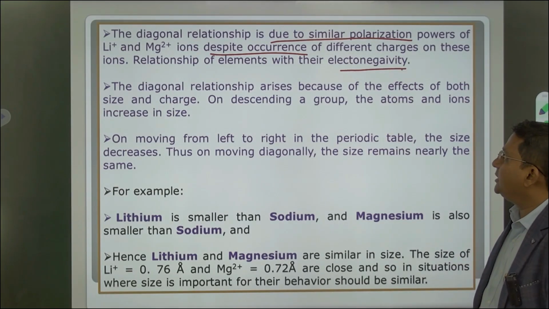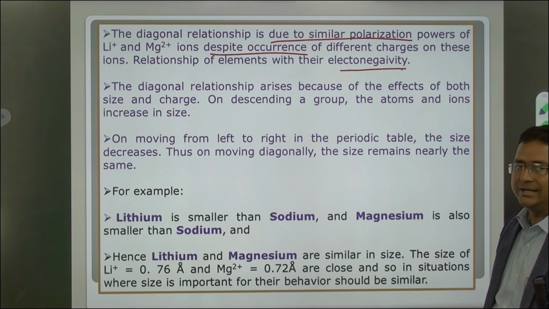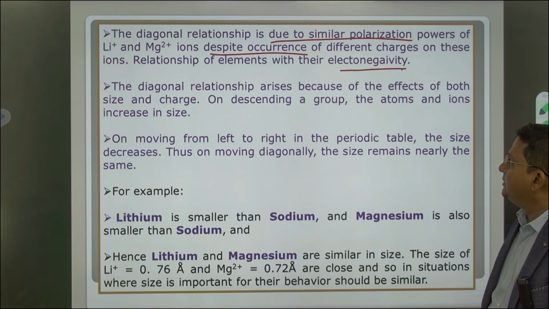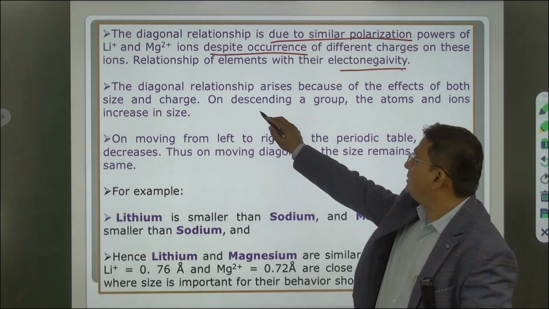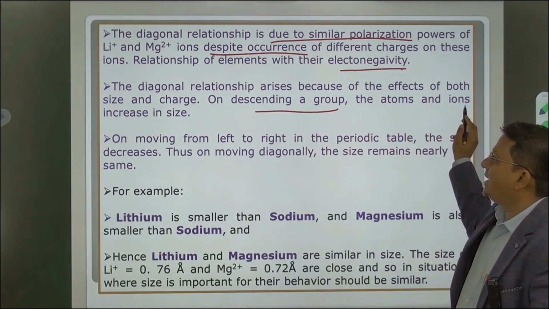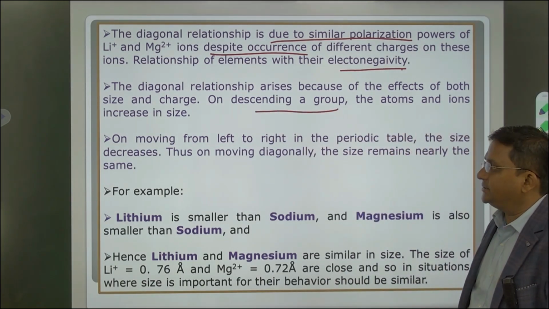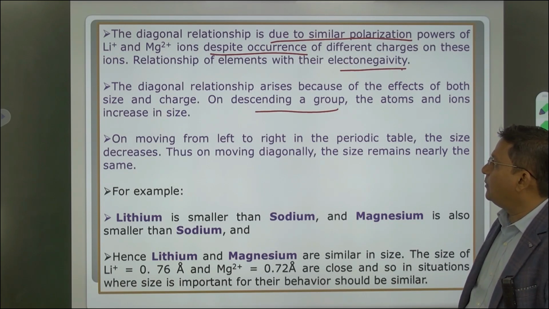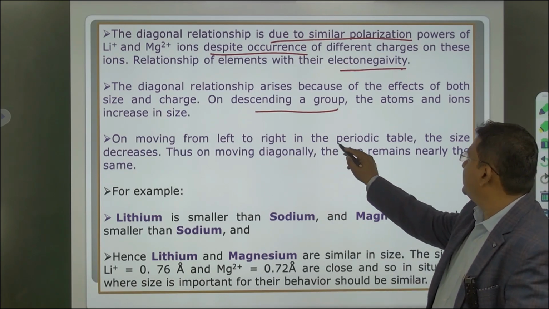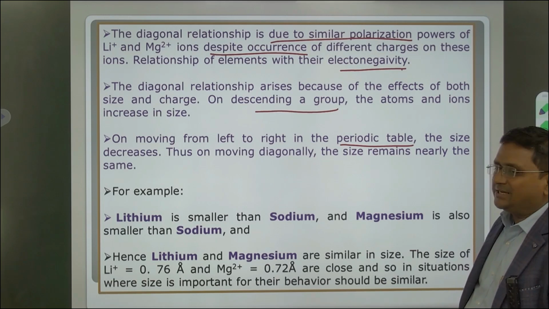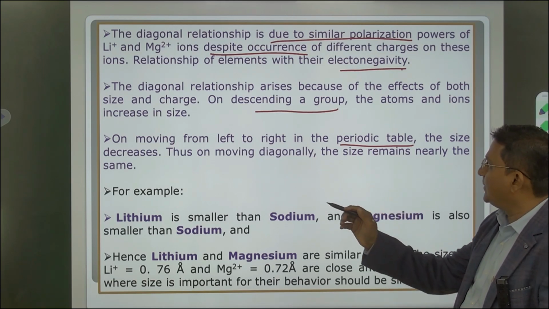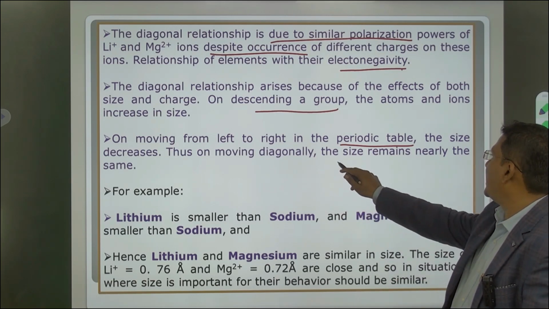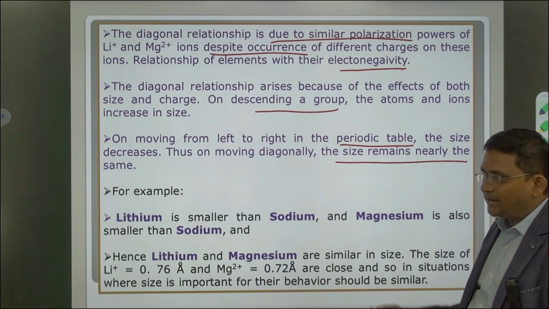The diagonal relationship arises because of the effects of both size and charge. On descending a group, the atoms and ions increase in size. On moving from left to right in the periodic table, the size decreases. Thus, moving diagonally, the size remains nearly the same.